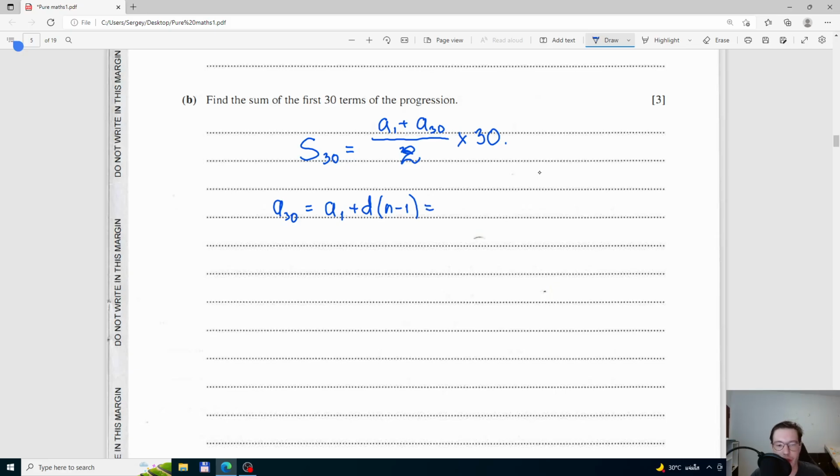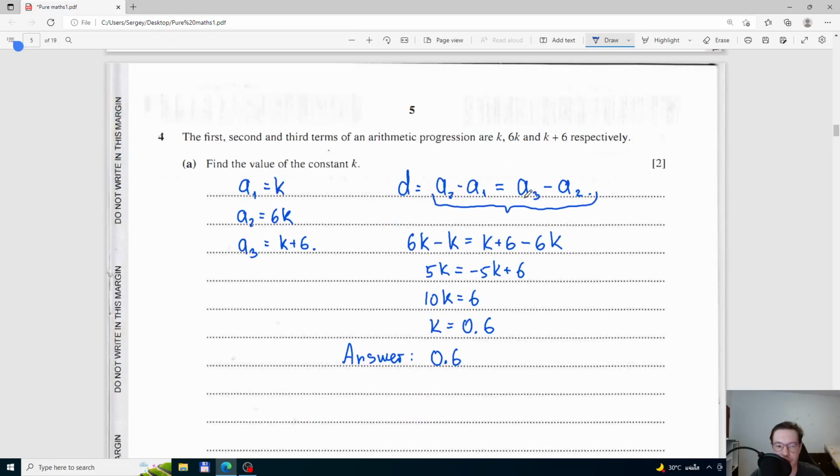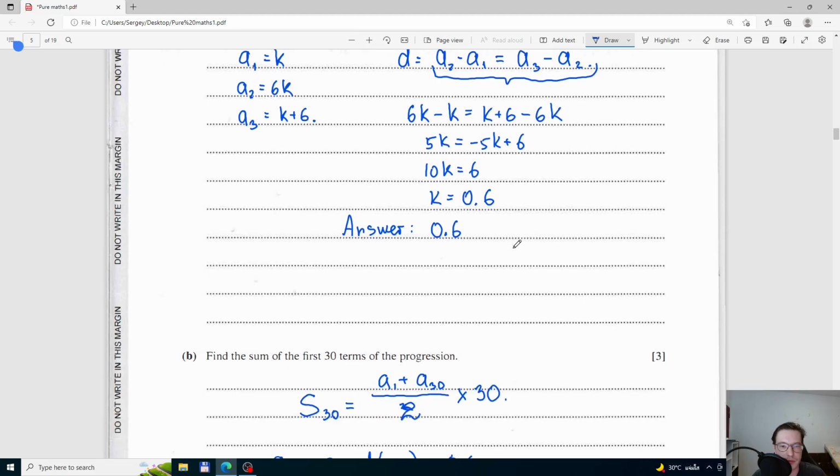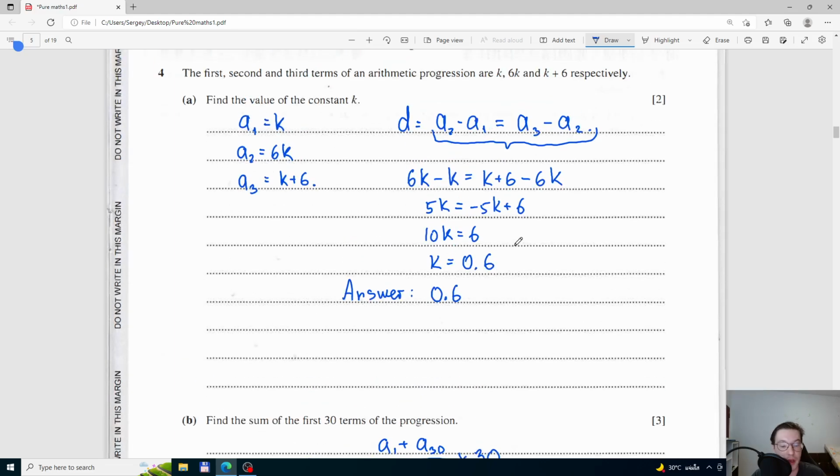Okay, so what's going to be our first term? Let's look at the previous question, and we know that the first term equals k. And since we know that k is 0.6, I will say it's 0.6 plus the difference. Looks like we will have to find the difference. Now, if you look at the first term, it's k, and a2 is 6k, so the difference should be 5k.